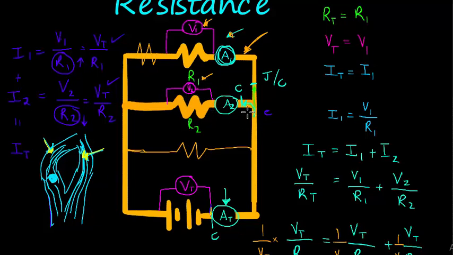Remember that the voltmeter reading tells me how much energy is expended in each resistor. Initially, when it comes to this point, the amount of energy per coulomb, joule per coulomb, is the same for going into this branch and going into that branch.